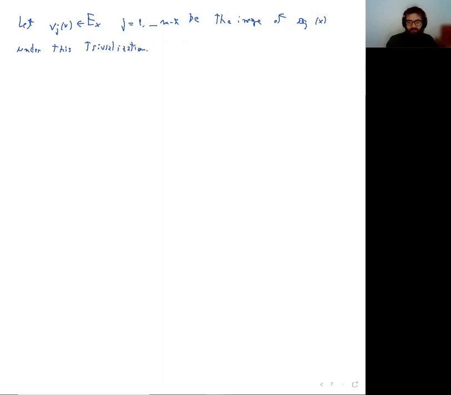So they're basically just the A_j themselves. We complete it to a basis. So we have the first m minus k, and then we add v_(m-k+1)(x), ..., v_m(x), a basis of E_x.